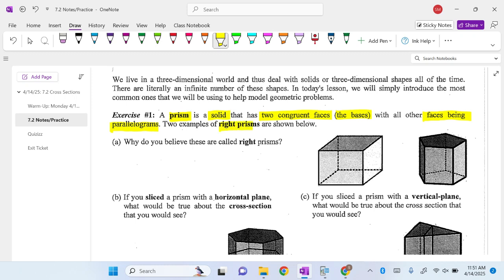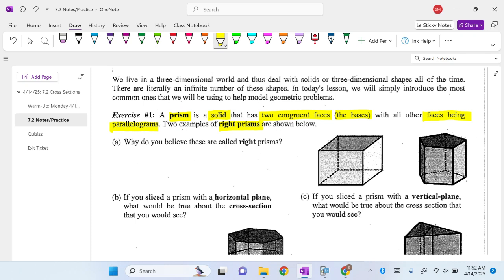2 examples of right prisms are shown below. So, looking at these 2 right here, why do you think that these are called right prisms? There's right angles in them. So this prism is made up of, what do you think? What's this prism made up of?